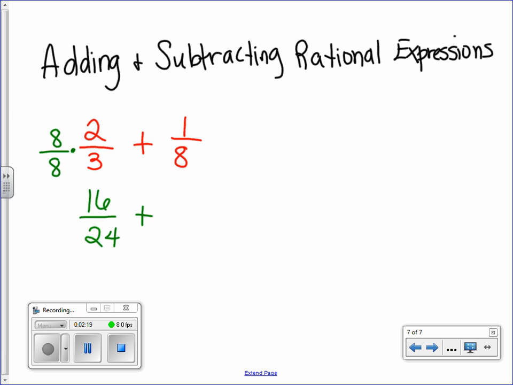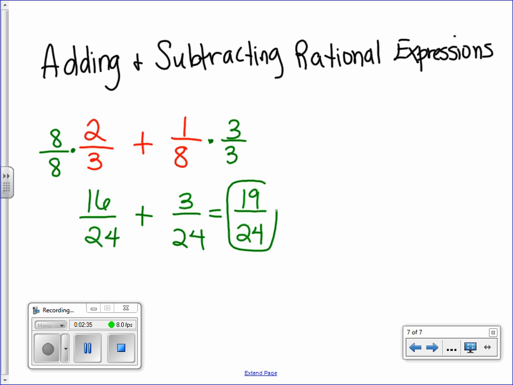Okay, so what over here? 3/3. It's going to be 3/24. So is this 19/48? Right. Bottom number doesn't change, right? And 19 is a prime number, so that fraction does not reduce.